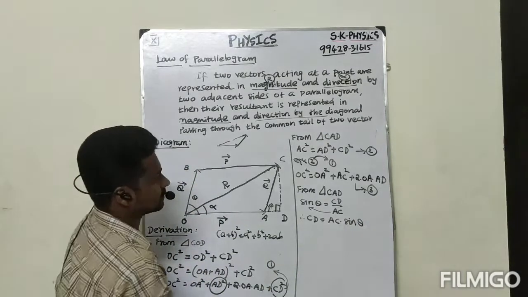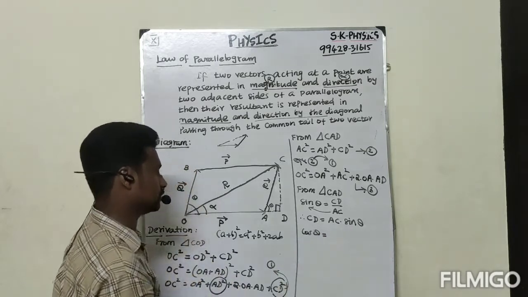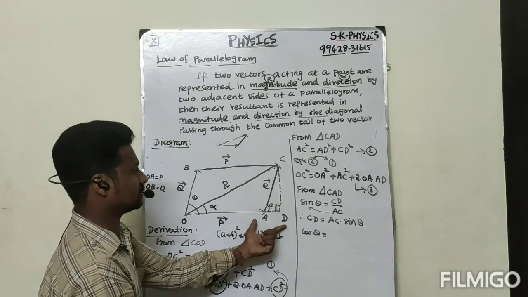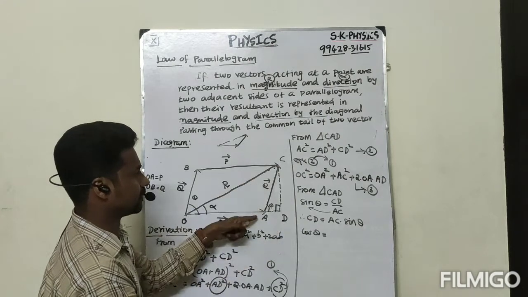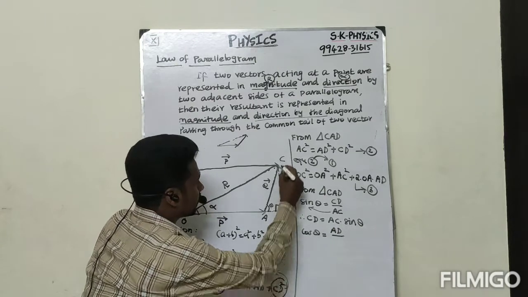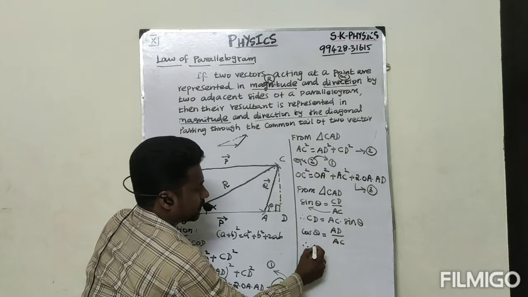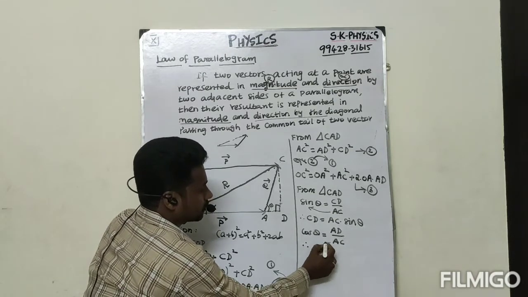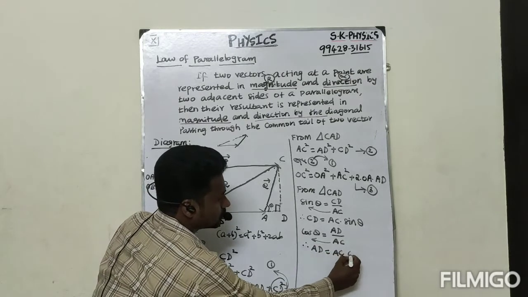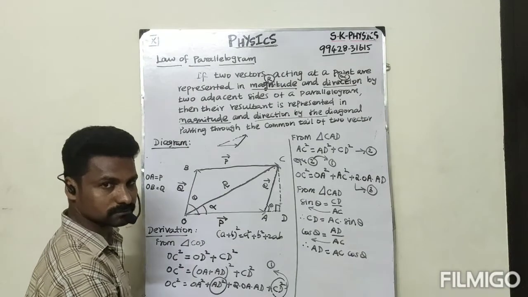Like that, cos theta: adjacent divided by hypotenuse. Adjacent is AD, hypotenuse is AC. Therefore, AD is equal to AC cos theta. So now the angle is ready.